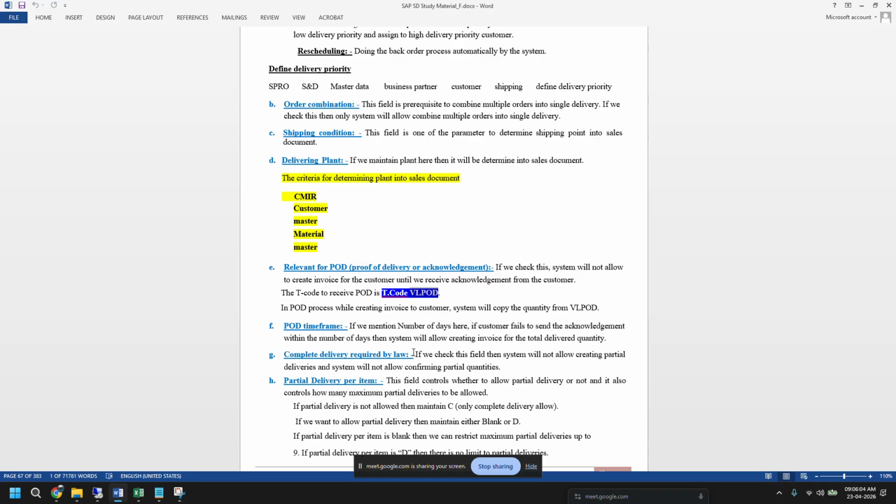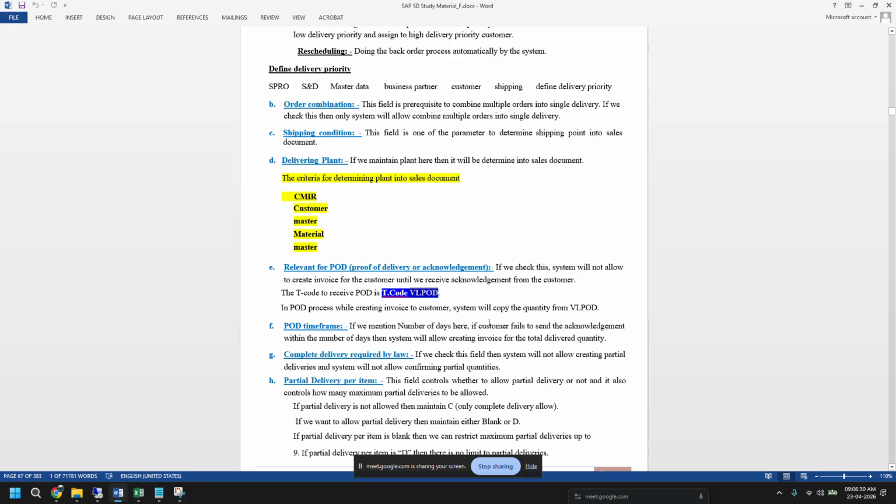With POD, you can enter that quantity. When you do POD, it will give the whole 10 ton quantity automatically, and you can reduce this to 9 tons. That means you have sent 10 tons, but the customer has received 9 tons. So now when you create the billing, the system will take that 9 tons instead of the original quantity of 10 tons. So you can create the billing on the actual quantity which the customer has received.